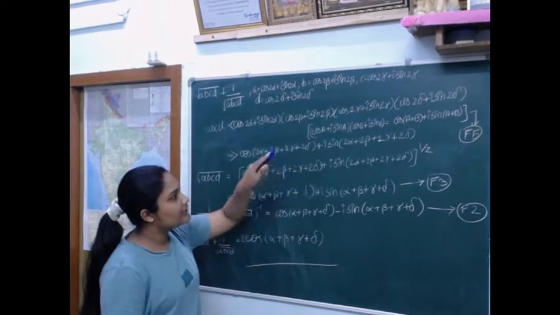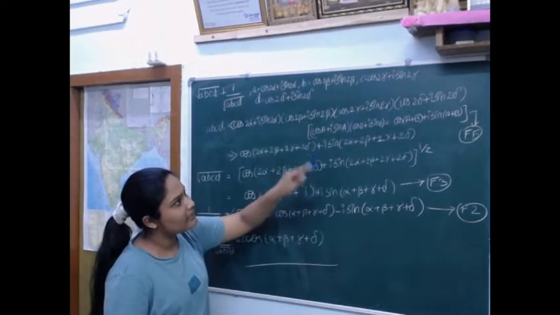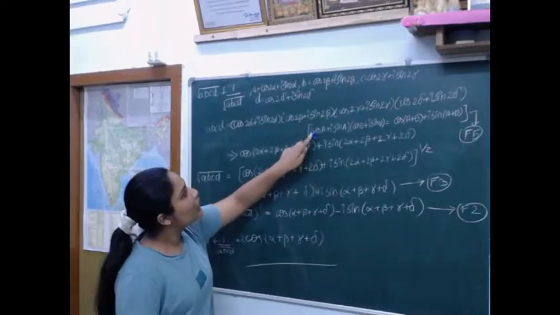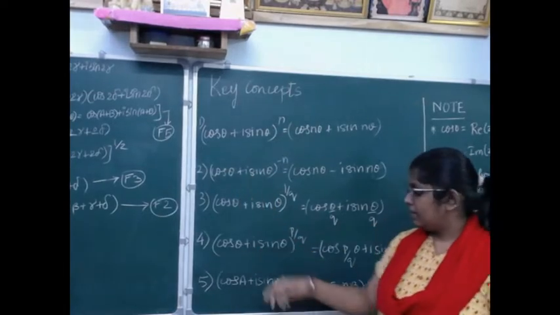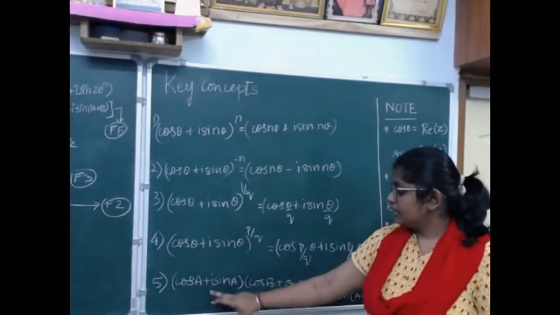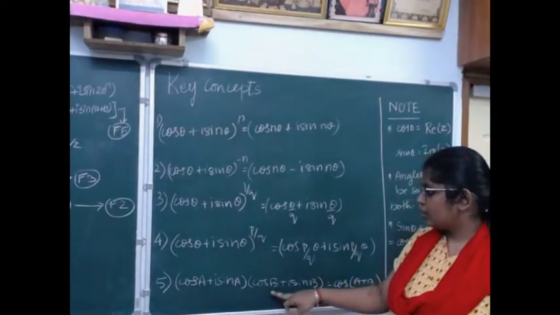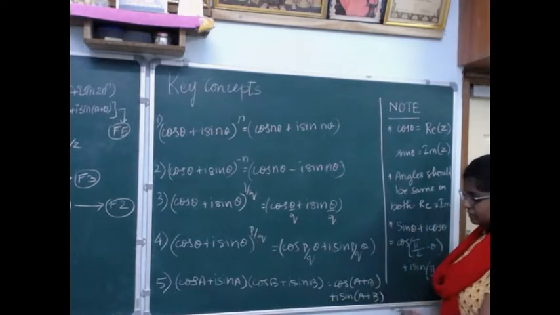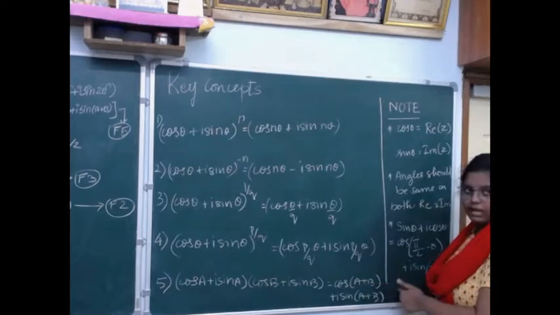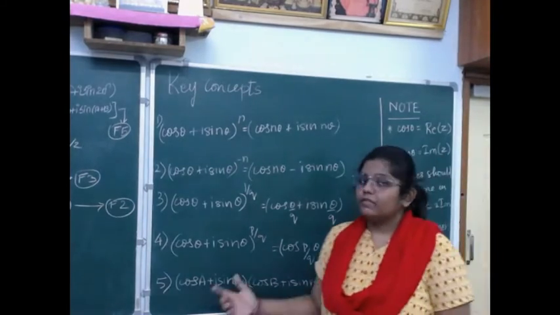Here we will be using the fifth formula from De Moivre's theorem, which is cos A plus i sin A into cos B plus i sin B, which is cos of A plus B plus i sin of A plus B. So this is the formula we are using in the sum.